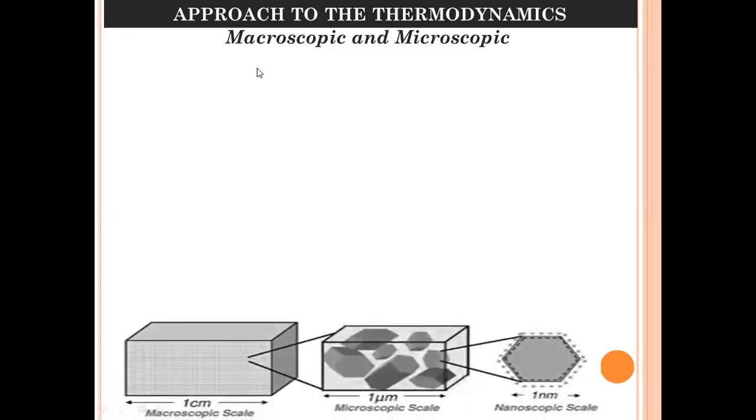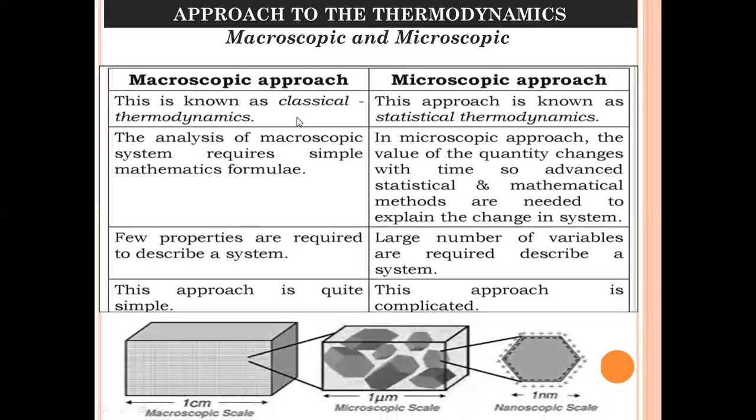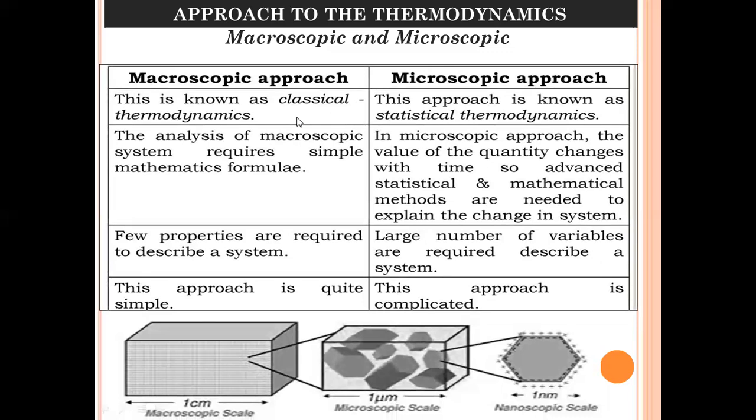So let us discuss the difference between the macroscopic and microscopic approaches. Let us first discuss the macroscopic approach. In this approach, a certain quantity of matter is considered without taking into account the events occurring at the molecular level.